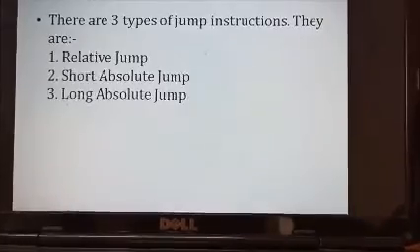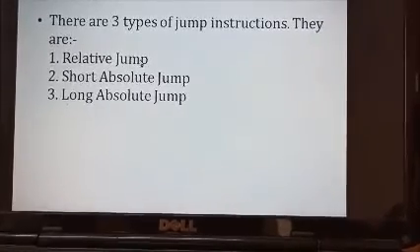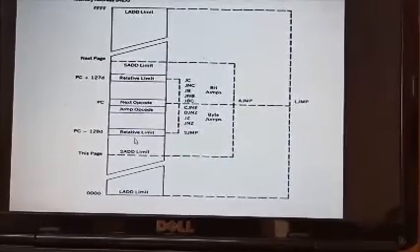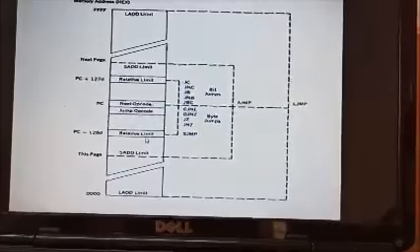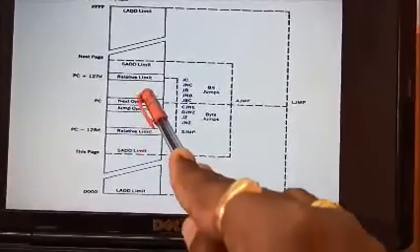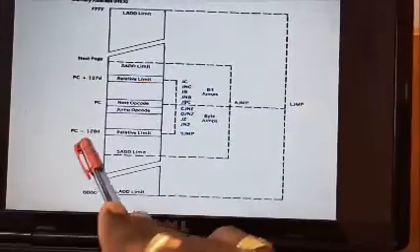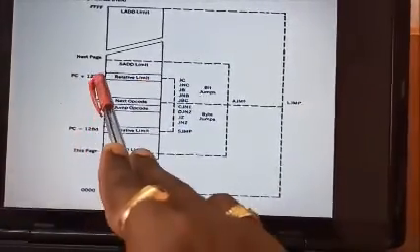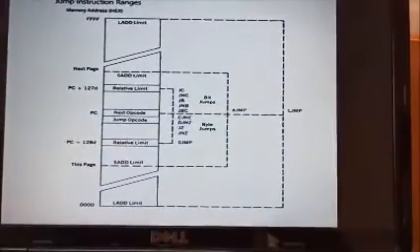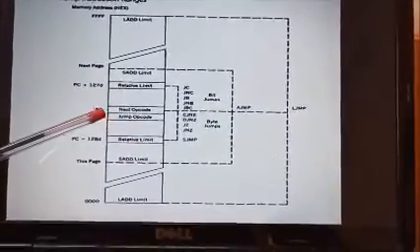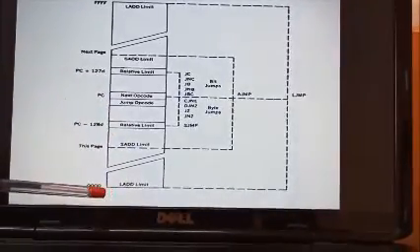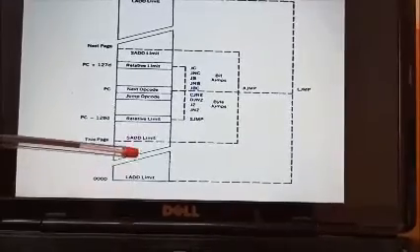The first one is the relative jump, or relative range. This is the relative limit, and the range is given by minus 128 up to plus 127. Understand that the middle is the program counter, and this setup is in increment order.